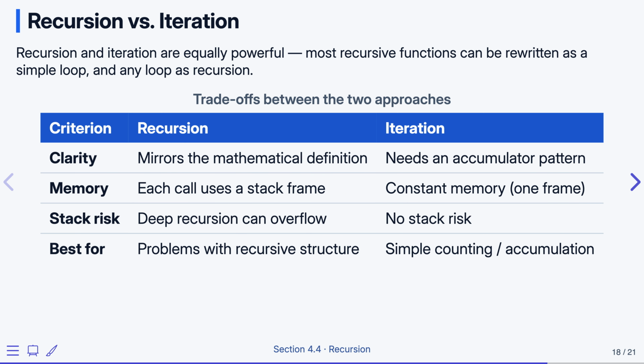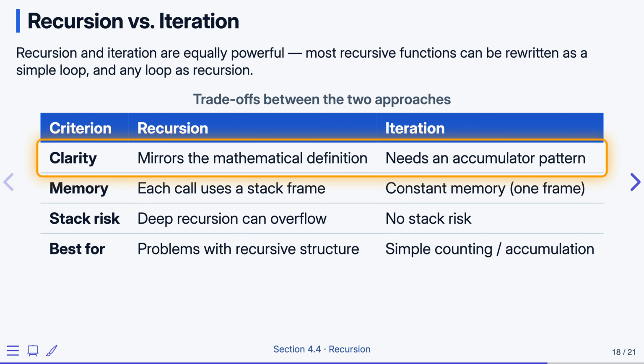Recursion and iteration are equally powerful. Most recursive functions can be rewritten as a simple loop, and any loop as recursion. So when do you choose each one? Look at the trade-offs. For clarity, recursion often mirrors the mathematical definition, while iteration needs an accumulator pattern.